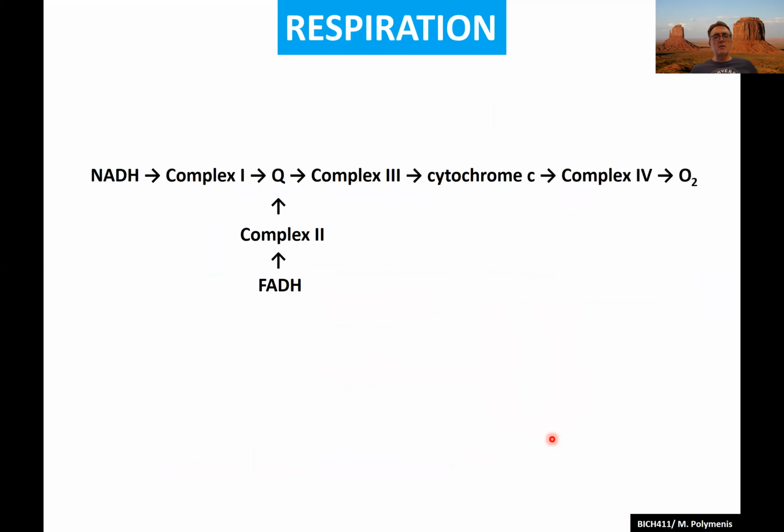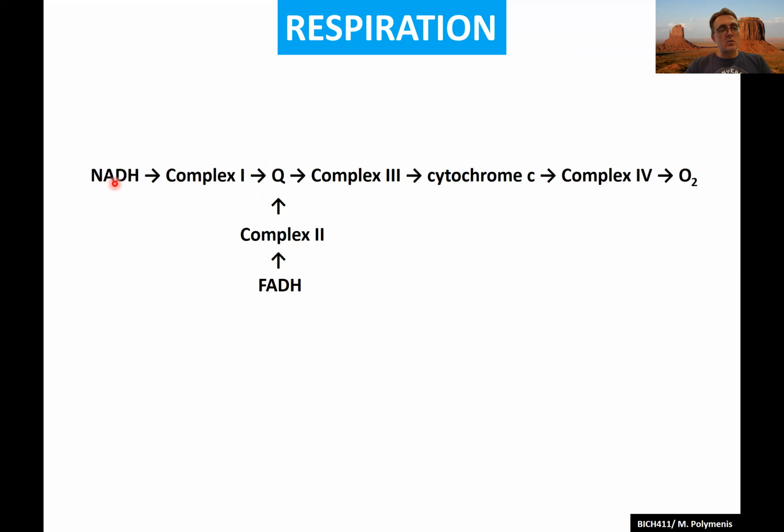All right, so now that's the simple schematic of the electron transport chain. Again, NADH that we saw how we get from the TCA cycle. The electrons from NADH, the job of complex 1 is to pass them on to Q. So it reduces coenzyme Q. So we go from ubiquinone to ubiquinol here from complex 1.